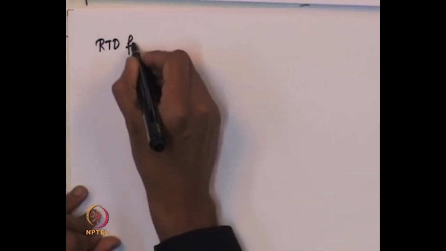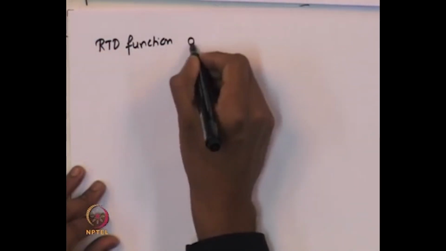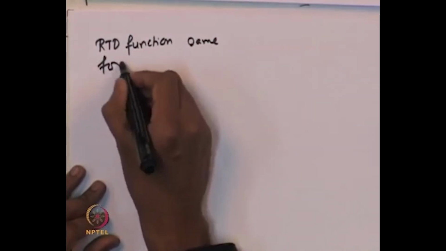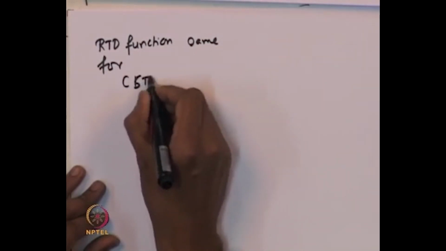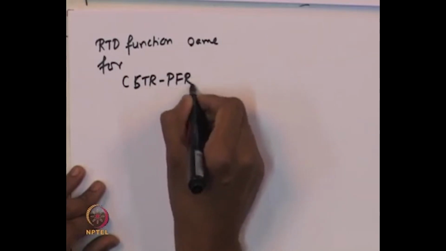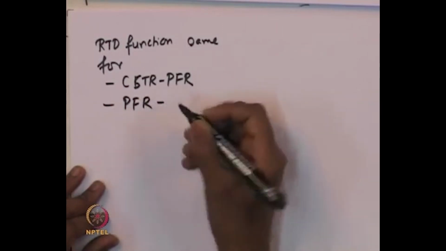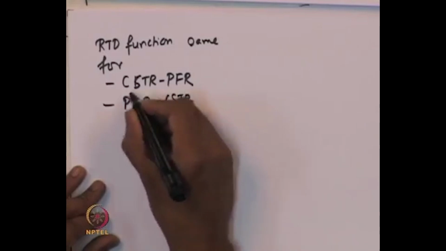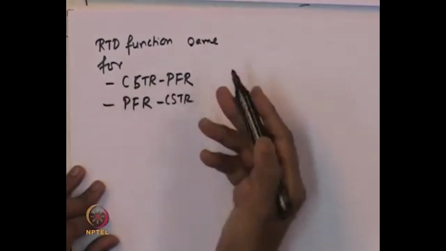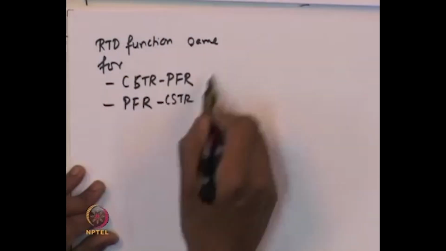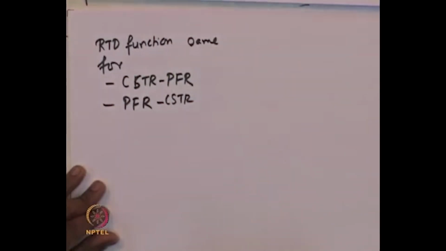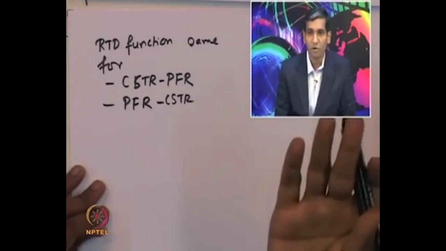So, therefore, one observes that the RTD function is same for CSTR followed by a plug flow reactor in series and plug flow reactor followed by a CSTR. So, it does not matter in what order the CSTR and the plug flow reactor are placed, the residence time function of the series combination will continue to be the same.